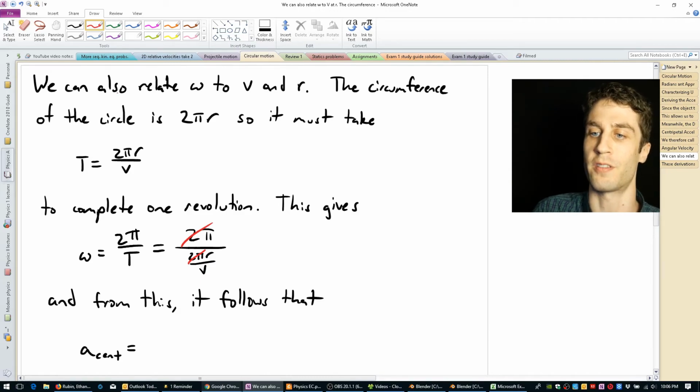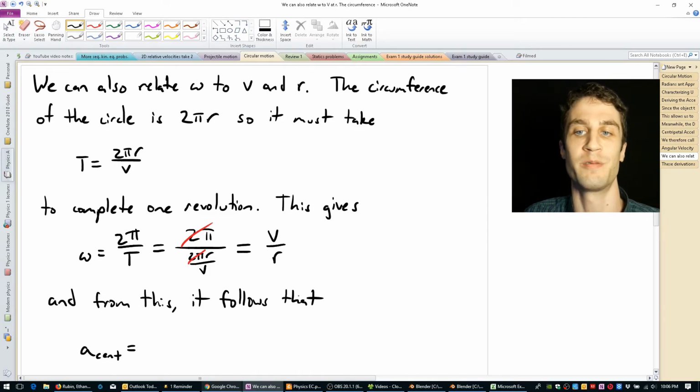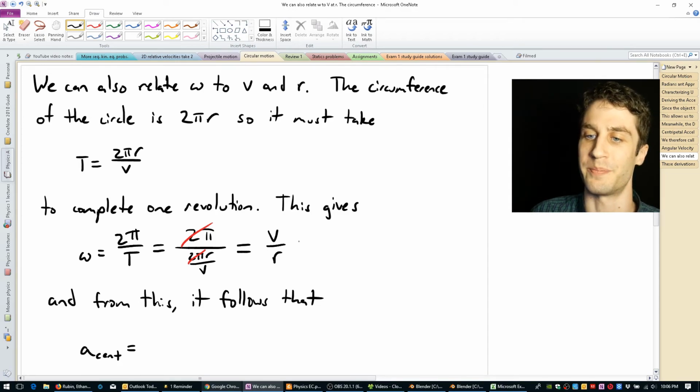And so that means we can invert the fraction and multiply. I'll let you take your time to figure it out yourself, but you'll get v over r, okay? Omega equals v over r.